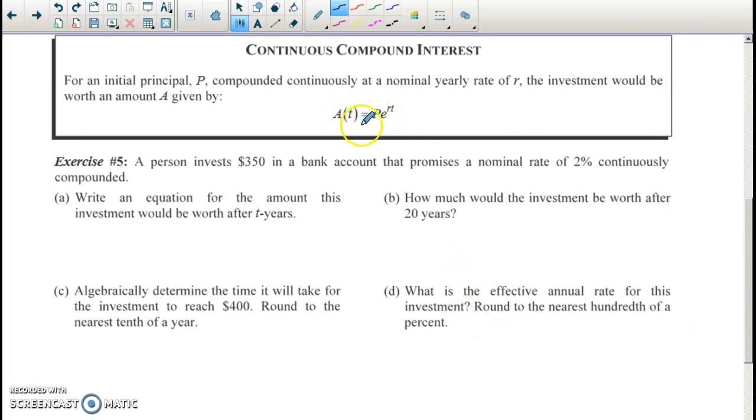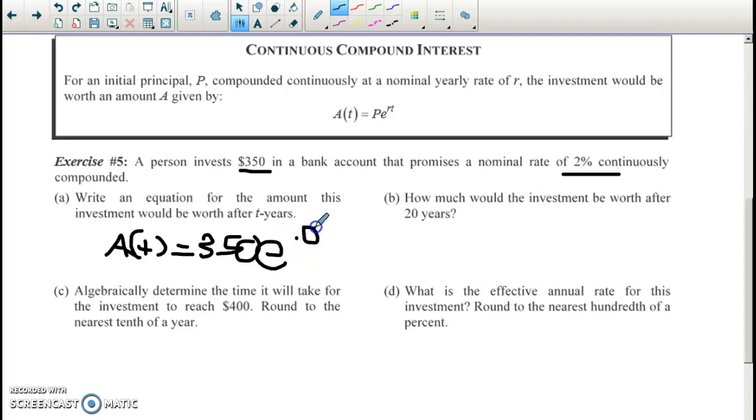It never stops. If it's your credit card, it's very scary. But here, you're going to put it in a bank. $350 at 2% continuously would look like the amount over time, and here's your initial 350, and now your E, and your rate is 0.02 multiplied by the time.